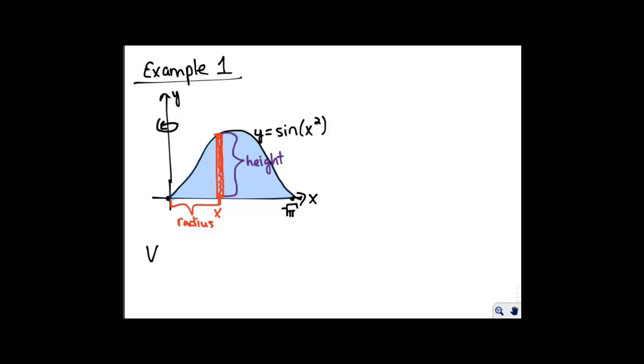So our formula says volume equals 2 pi times the integral from, in this case we're going from 0 to square root of pi, of our radius, which is x, times the value of the top curve at x, which is sine of x squared, minus the value of the bottom curve at x, which is 0, y equals 0, because the bottom curve is our axis, dx.